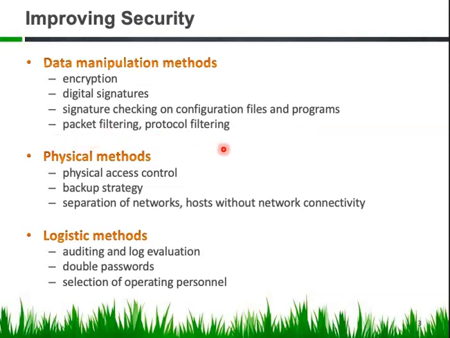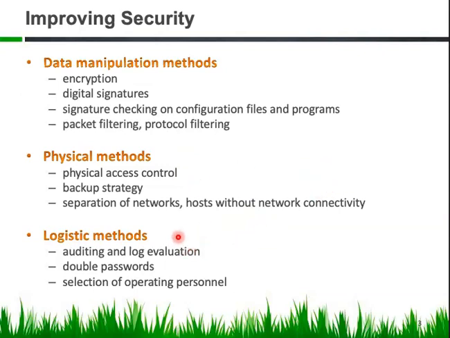For the physical methods, it can be in terms of physical access control, meaning who can control the network or the access to a certain server, backup strategy, and also separation of network and host without network connectivity, meaning that some of the hosts can connect to a certain network and some of the hosts can connect to another network.